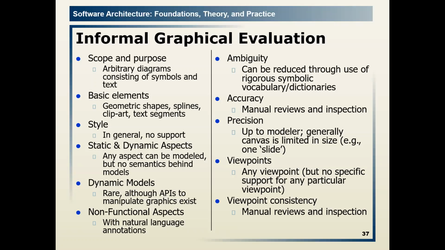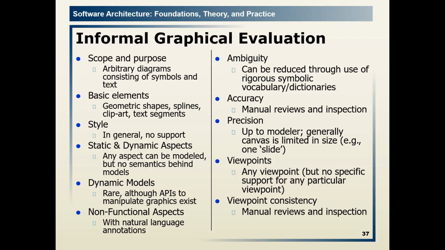Then for the non-functional aspects, since these are graphics, you will not be able to express the non-functional requirements very nicely. So again, you will have to annotate with natural language, just like in natural language, where we have to give the adjectives and adverbs that describe the non-functional requirement.